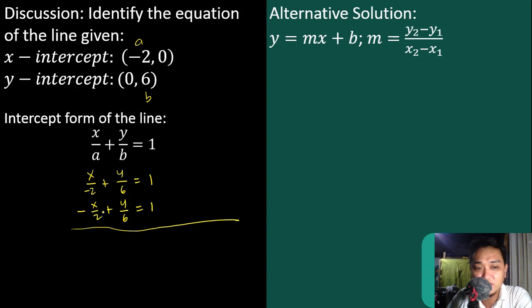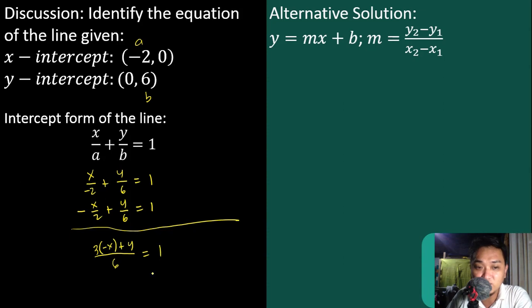So why don't we combine these two fractions? That is the same as, yan. What is the least common denominator of 6 and 2? I think that is also 6. 6 divided by 2 is 3 times negative x plus 6 divided by 6 is just 1 times y is y.